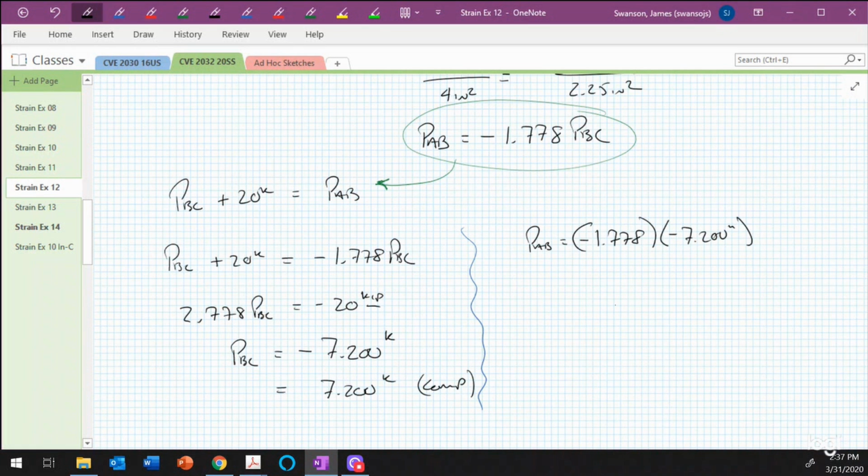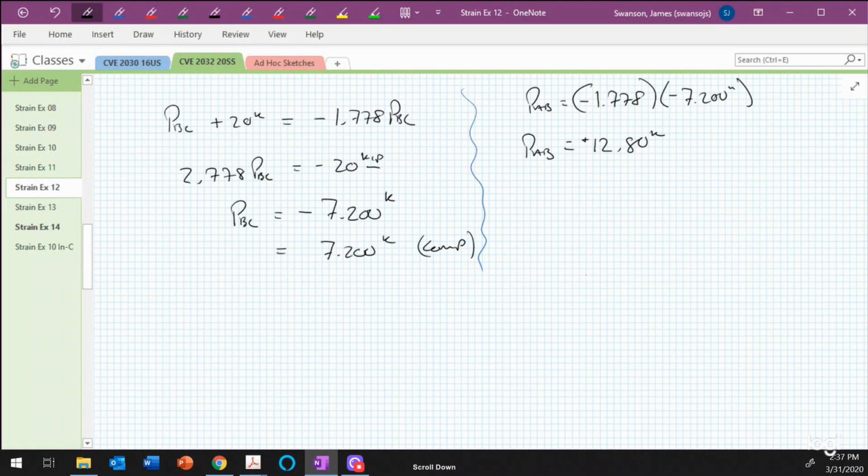So what I end up with there is P sub AB is equal to 12.80 kips, and that's in tension, or that's positive. So final answer, we end up with P sub AB equal to 12.80 kips in tension, and we end up with P sub BC equal to 7.20 kips in compression. Okay, thanks.